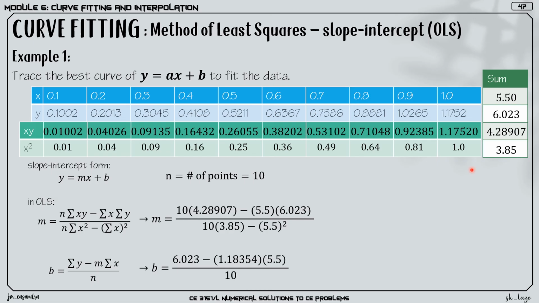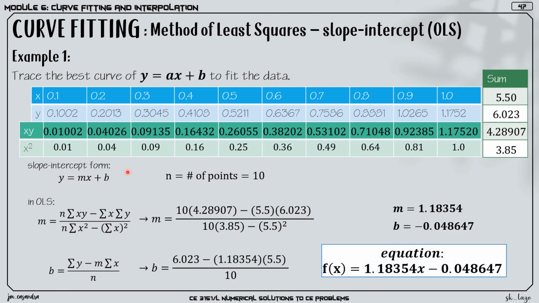And for the y-intercept, it will now be 6.023 minus our computed m, which is 1.18354, times 5.5, all over 10, giving us the value of the intercept as negative 0.48647. So given now m and b, substitute this in the slope-intercept form equation.